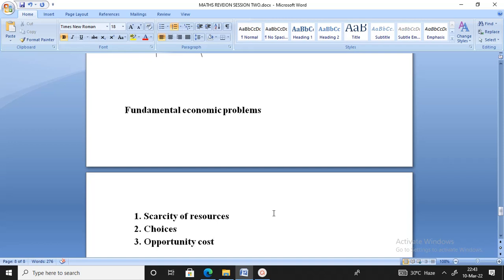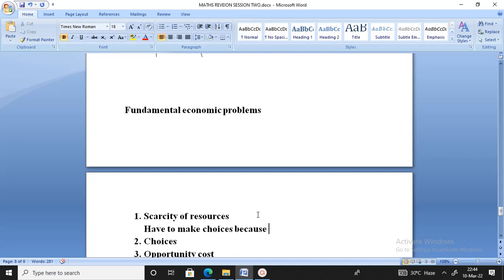So in terms of scarcity of resources, firms have to make choices because there are not enough resources to offer all the services.